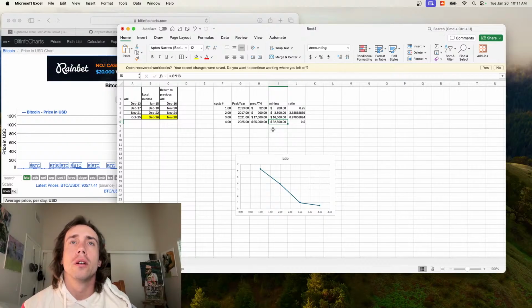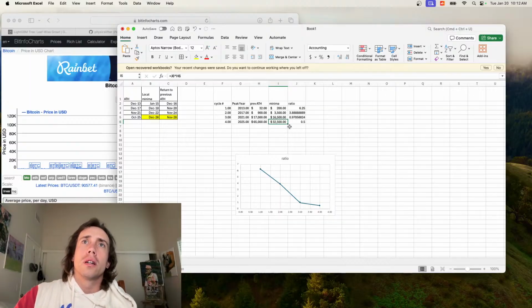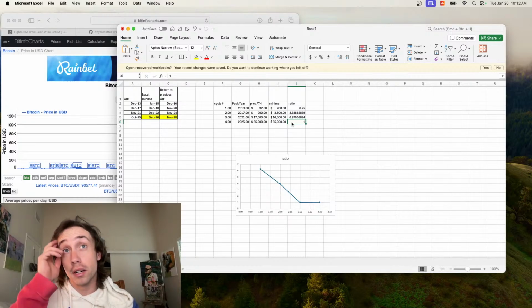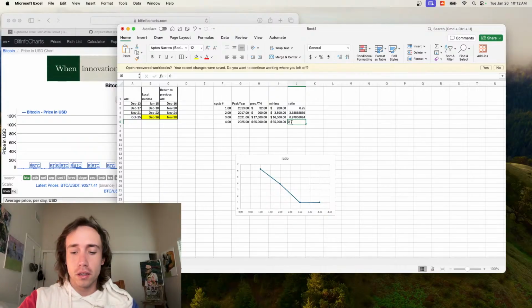So I guess a conservative 32,000 seems low. If we're conservative, it'd be 65,000. I don't know. 32.